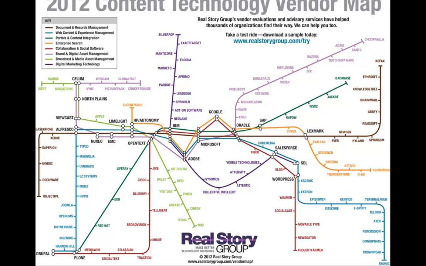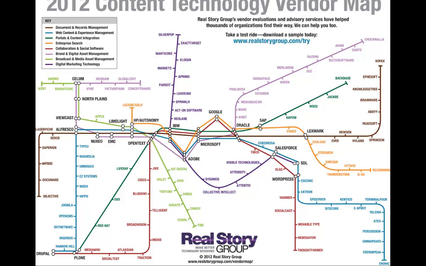I wanted to give you this screenshot of a map showing an attempt to classify or categorize different content technologies. If you look in the bottom left corner, you can see Plone and Drupal next to it.